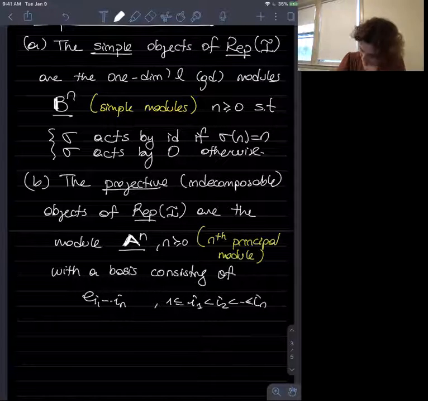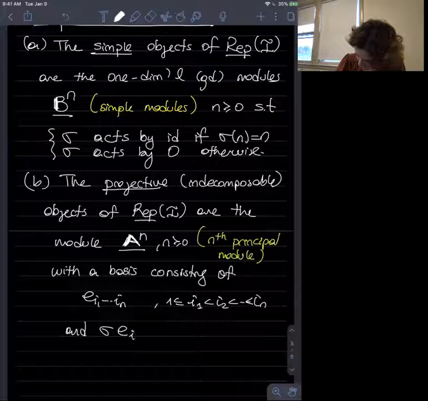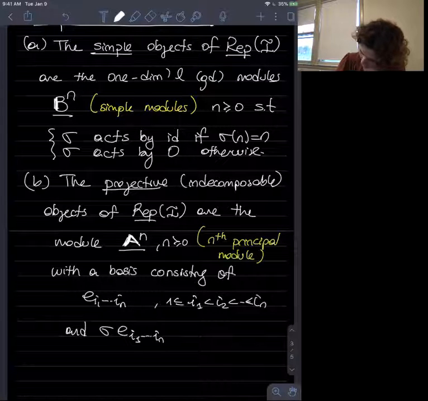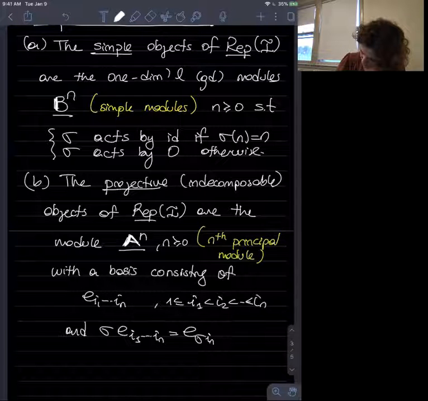Okay. And we define the action on these modules naturally by these basis vectors.